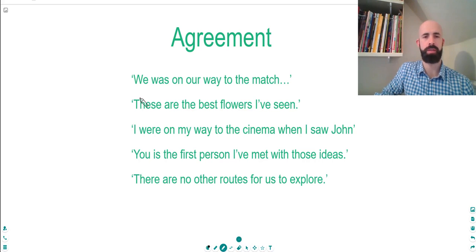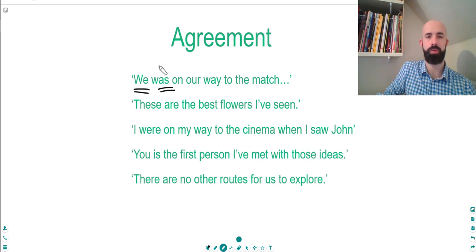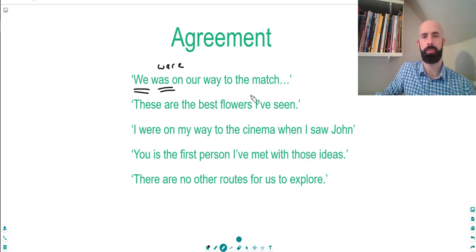So this first sentence here, we was on our way to the match. Now hopefully you could identify straight away, there is quite a serious mistake in this. We've got the subject we, but we've got the verb form was, and obviously the verb form should be were.